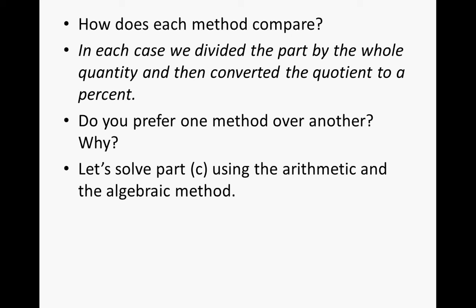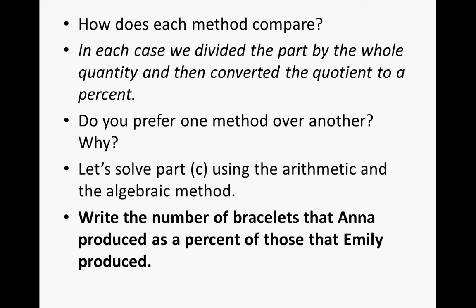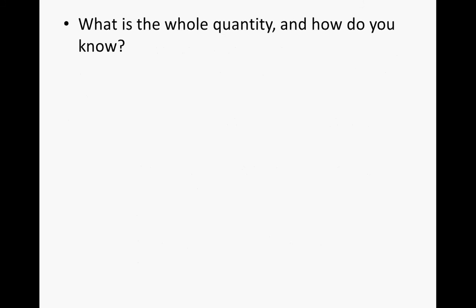All right, let's solve part C using the arithmetic and algebraic method. Write the number of bracelets that Anna produced as a percent of those that Emily produced. So what is the whole quantity now, and how do you know?